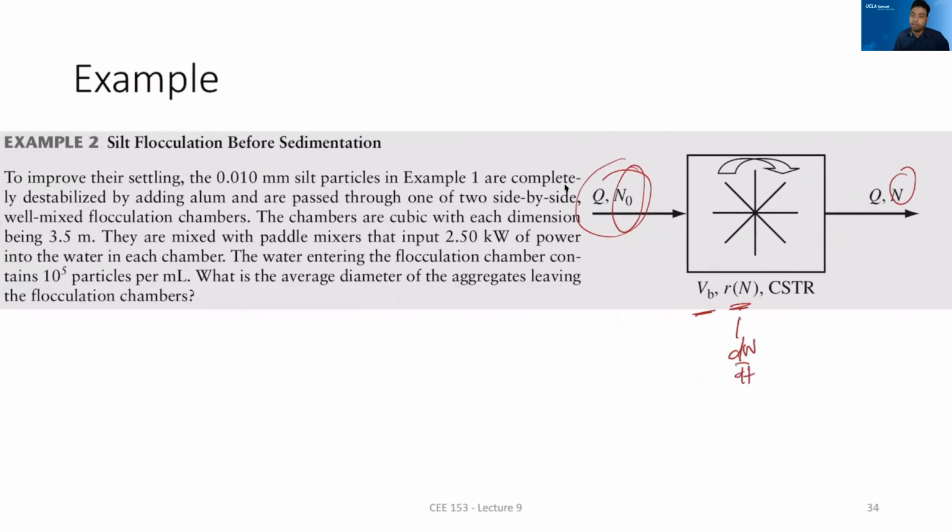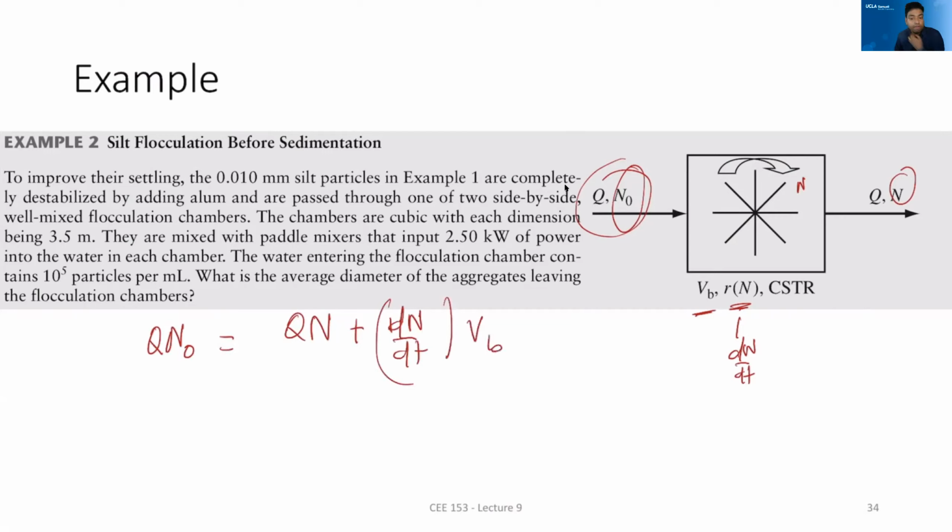And this is a CSTR. That means the concentration inside the system is equal to that outside the system. So if you do the mass balance, basically you are saying Q N0 that's coming in should be what's out plus the reactions, so dN by dt times volume.